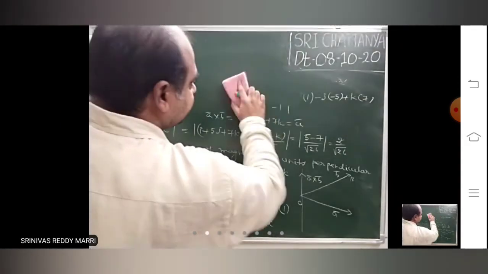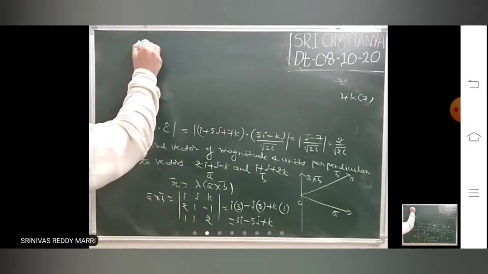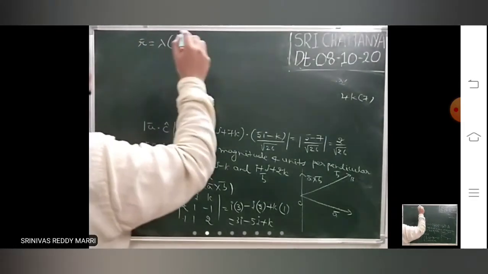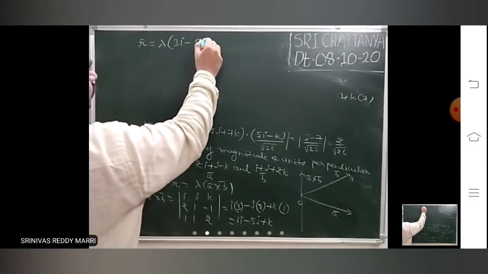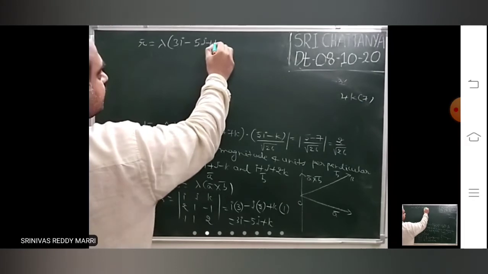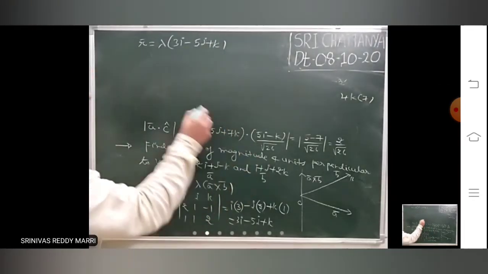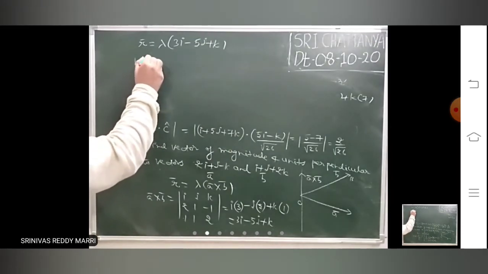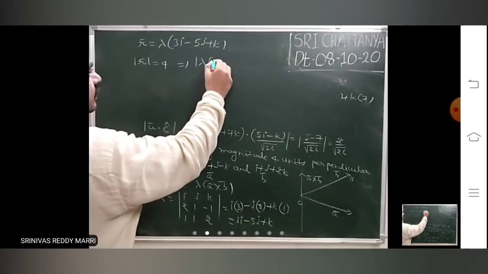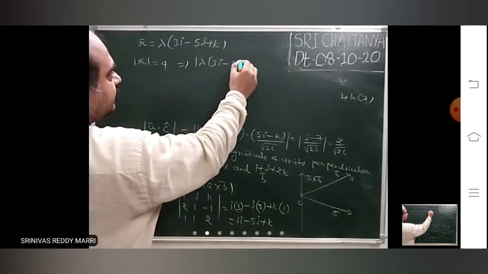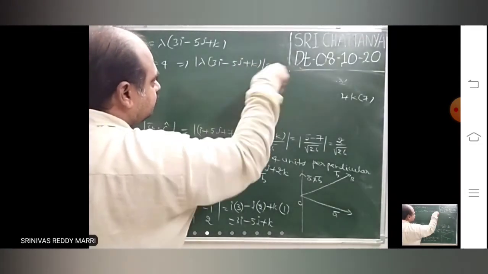So your required vector will be of the form lambda into 3i minus 5j plus k. It is given that it is of magnitude 4 units, so modulus R bar equal to 4. That implies modulus lambda into this vector equal to 4.